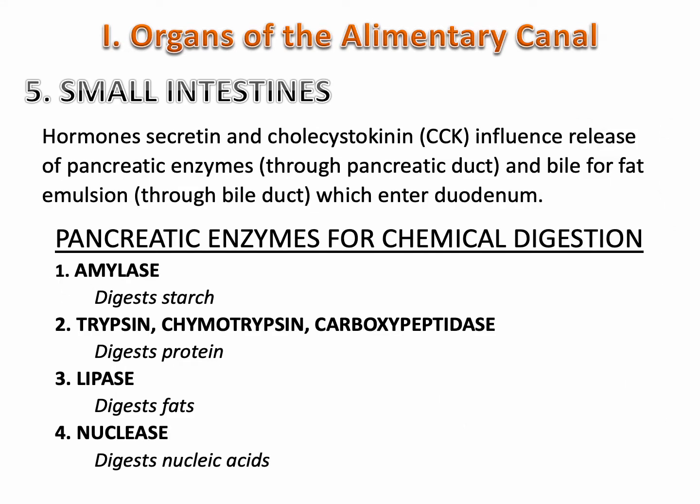The hormones secretin and cholecystokinin, or the CCK, influence release of pancreatic enzymes and bile. Ang pancreatic enzymes nirelease ng pancreas, which actually finishes chemical digestion. Yung bile naman, it's important for fat emulsion. And then, nag-e-enter ngayon ito ng duodenum.